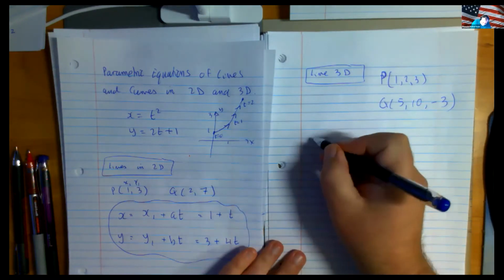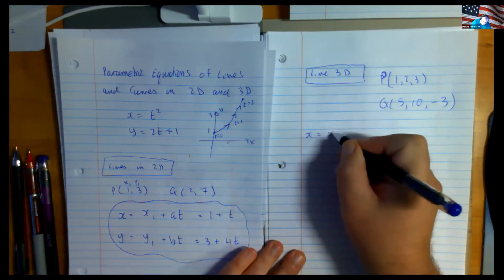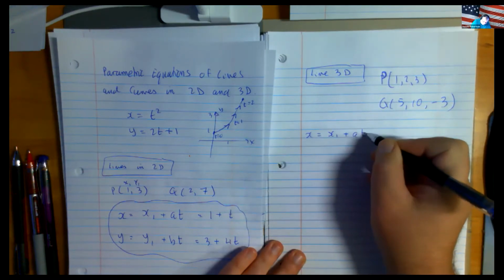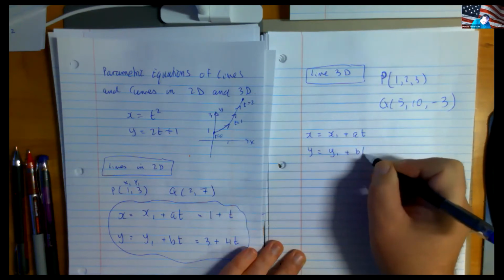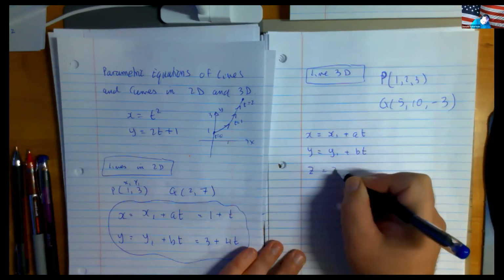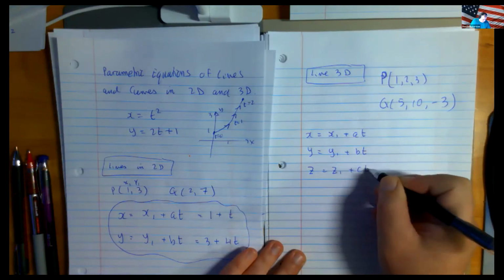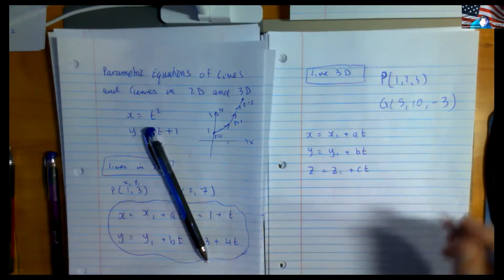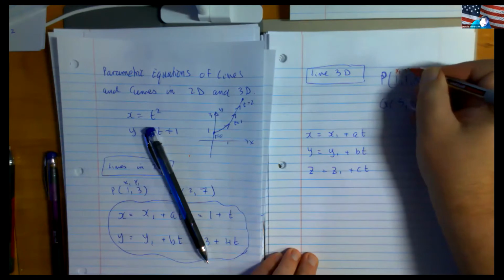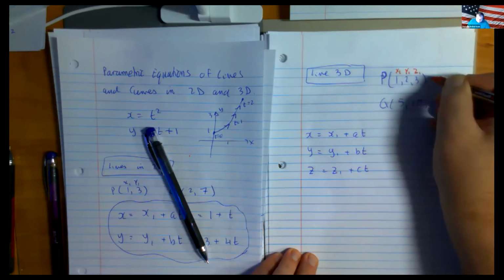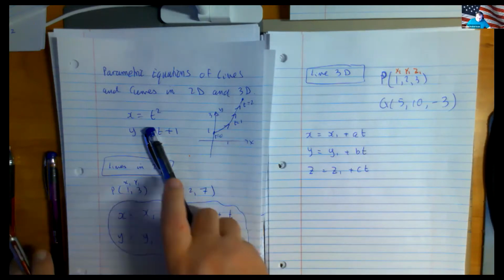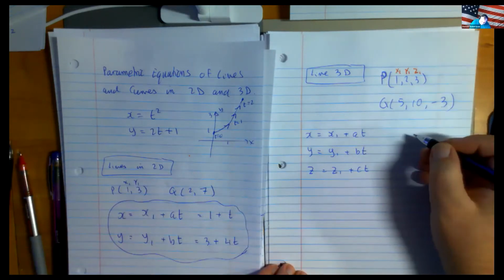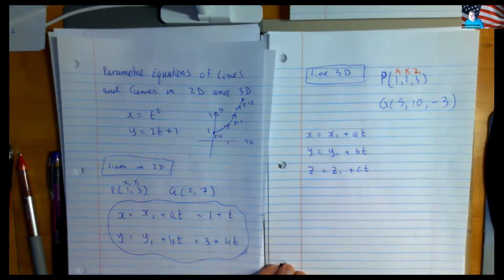The equation is going to be x1 plus at, y1 plus bt, and z1 plus ct, where x1, y1, and z1 will be the coordinates of the first point. And a, b, c are going to be the components of the direction vector.